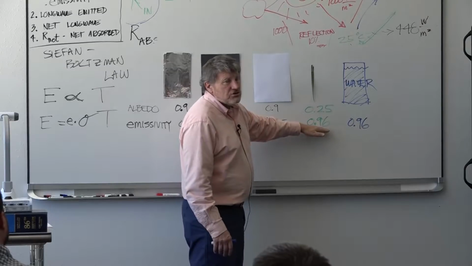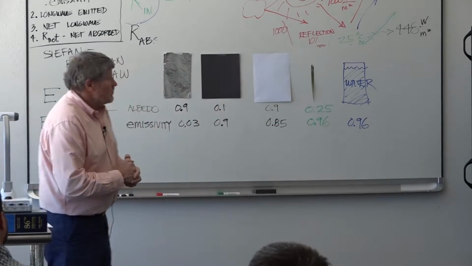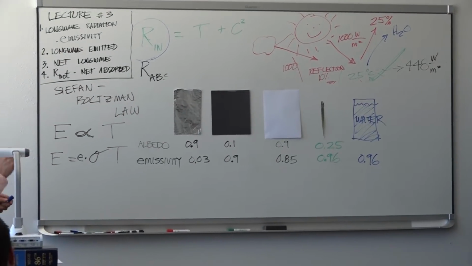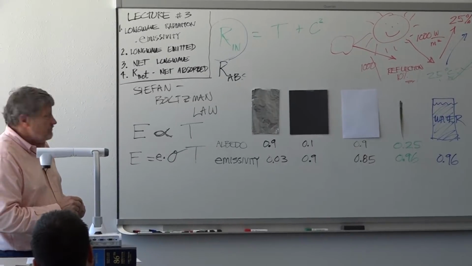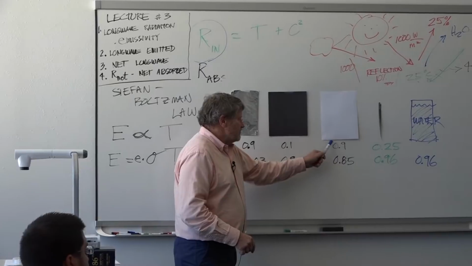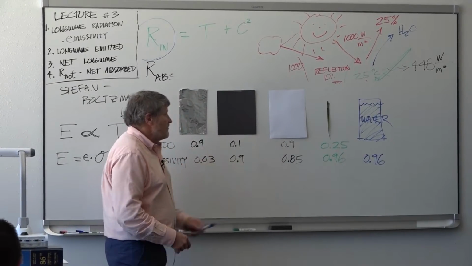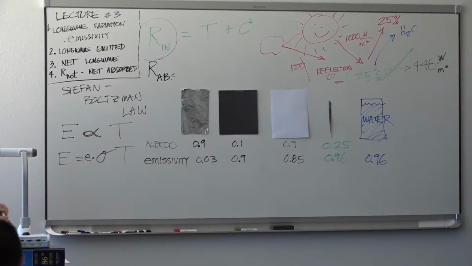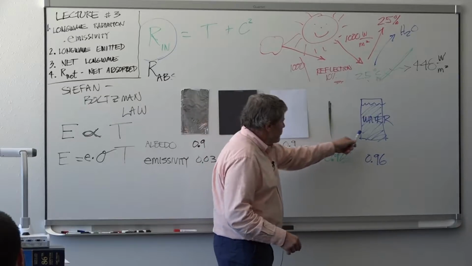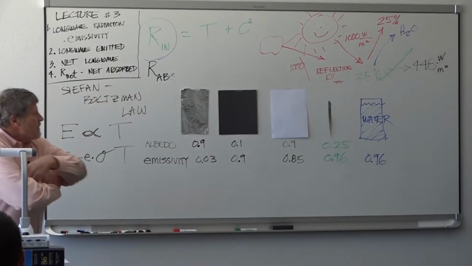So small changes in this multiplier make a big difference for energy balance, and it's worth putting those numbers in. By the way, snow is like this. Good emitter of long wave and reflects short wave. I've never actually taught this with the live leaf taped on the board before, but it helps show the concept.